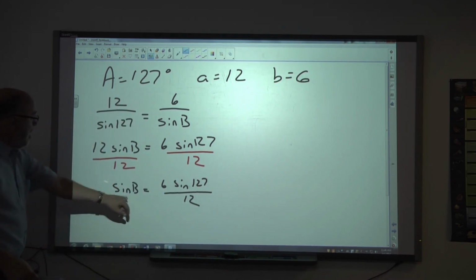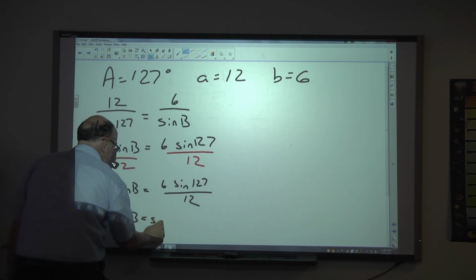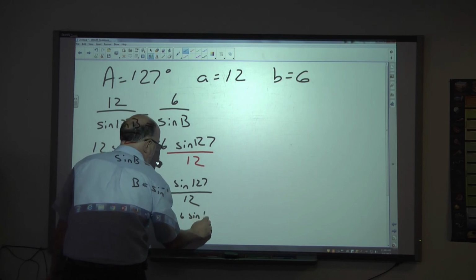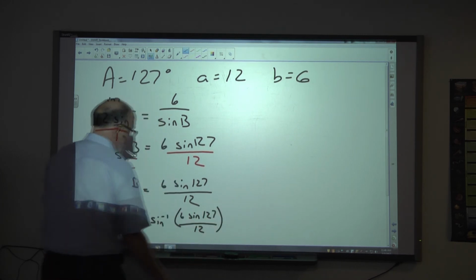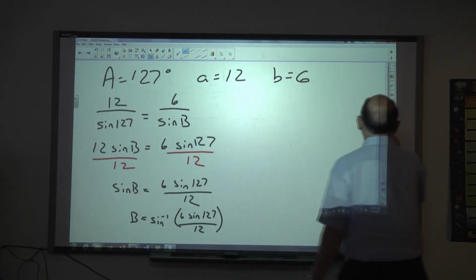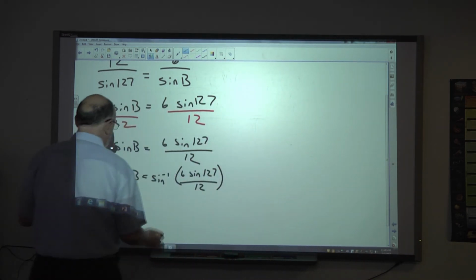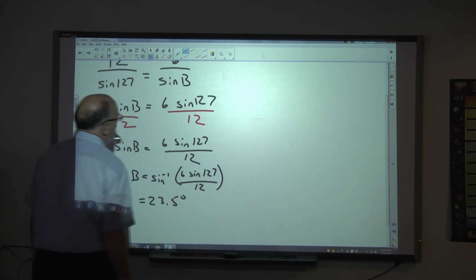And we want to know what angle B is. The way we find out what angle B will be is the inverse sine of 6 sine 127 over 12. We can plug all that into the calculator and we'll find out that angle B is going to be 23.5 degrees.